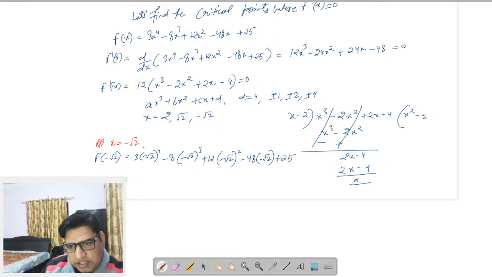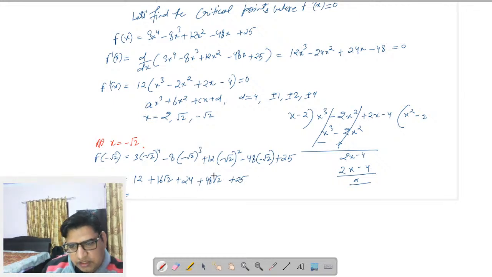Minus root 2 to the power 4 will be 4 only, so 3 into 4 is 12, and here we have 2 root 2, so plus 16 root 2, and it will be 2 only, so plus 24, and this is plus 48 root 2, plus 25.